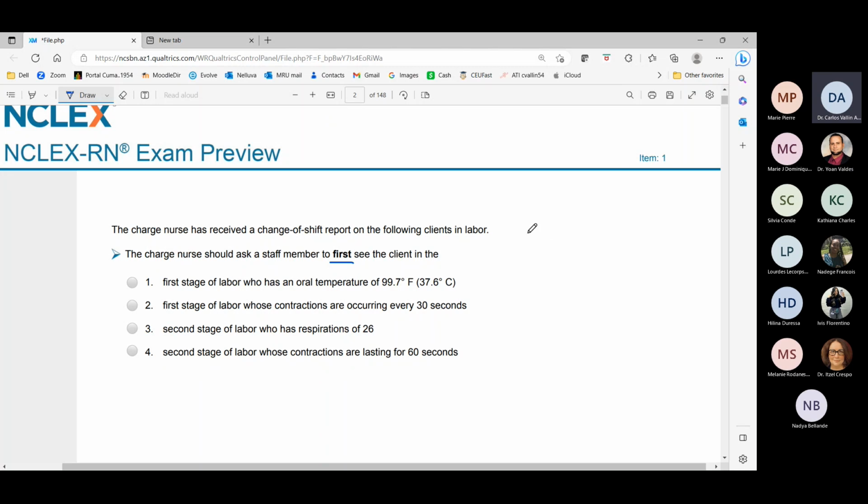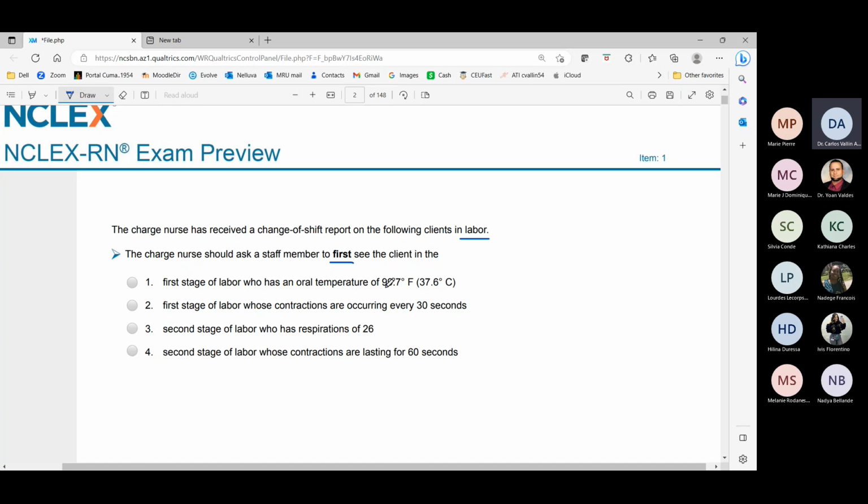We have four laboring clients, and we need to see the one that is in trouble. The first one is in the first stage of labor with an oral temperature of 99.7. They give you Fahrenheit and Celsius degrees, whatever you are more used to. What do you think about this temperature? I think this temperature is normal. Do you agree? Yes. So, because it is a normal temperature, we don't think it is the one to see first.